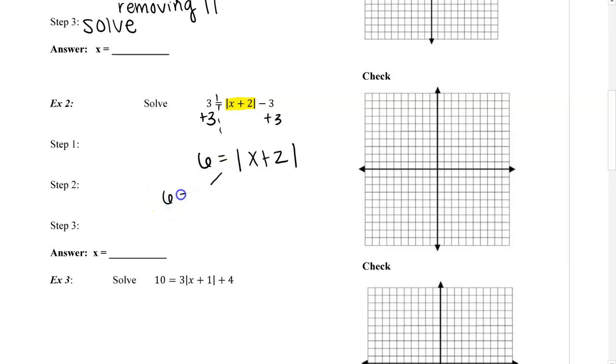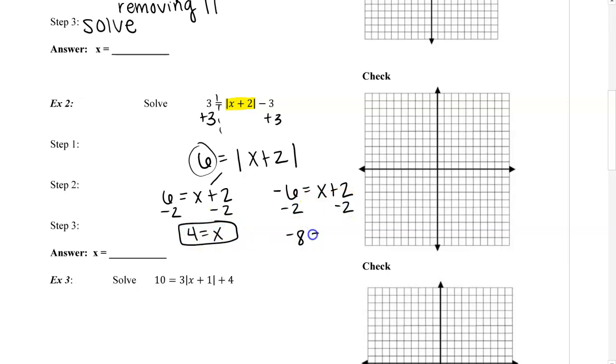We're going to write 6 equals x plus 2, and then whatever the opposite of this value is, negative 6 equals x plus 2, and solve both equations. So to solve this one, I would subtract 2, I get 4, and then here I would subtract 2 and get negative 8.